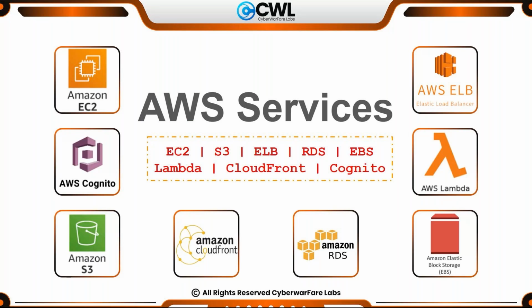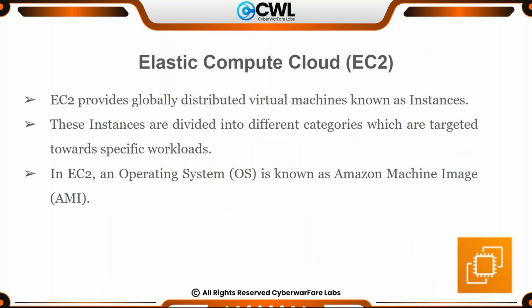So first on our deck we have EC2 service, which stands for Elastic Compute Cloud. EC2 is a web service provided by the AWS that allows users to rent virtual servers called instances to run applications and services. It enables users to rent virtual servers, providing scalable compute capacity in the cloud.